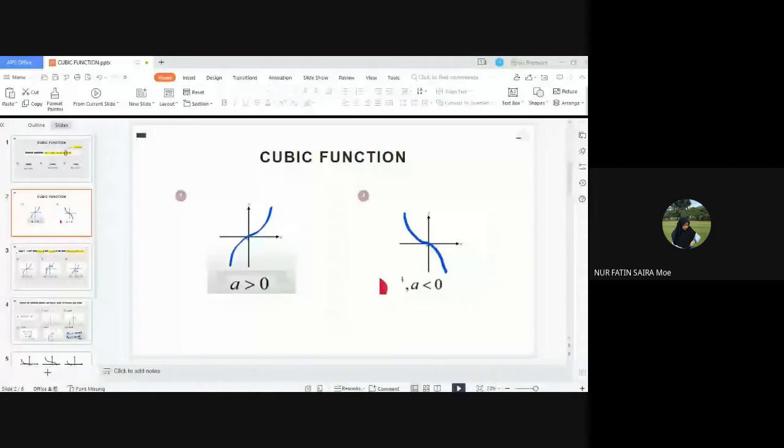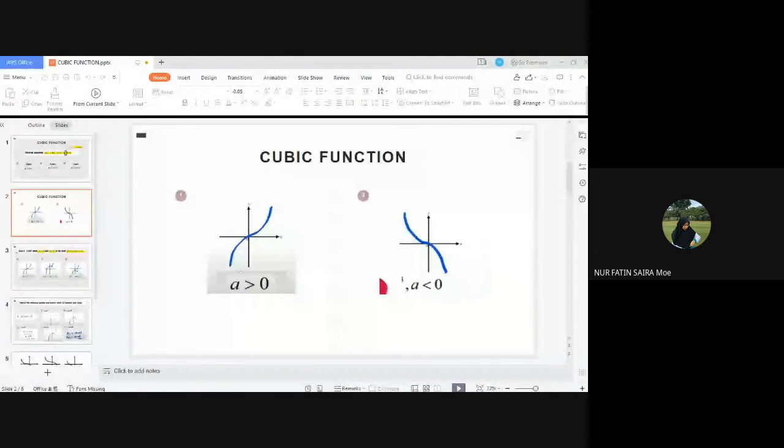Just like how Pika said just now, we have this type of cubic function. The first picture is when a is greater than 0, which is positive, and a is smaller than 0, which is negative. This is the shape of the cubic function. We are going to present case 1, which has 1 root when b is 0 and c is 0.